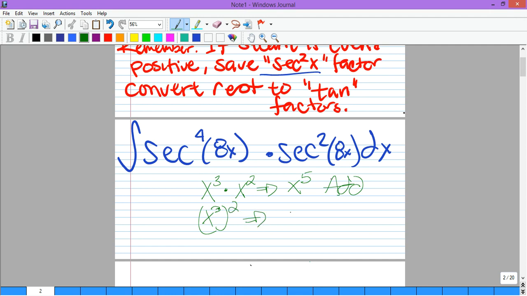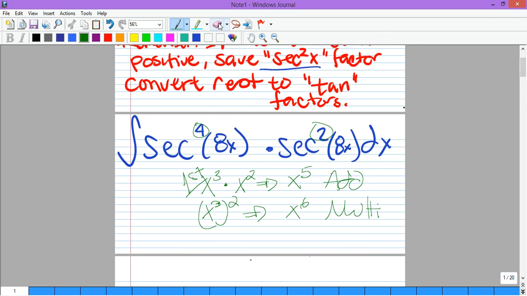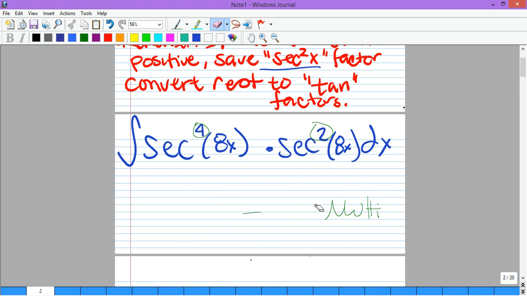What happens in that case is multiplication, so the 3 and the 2 would get you a 6. But as it applies to us, we have the first case where we're adding the 4 and the 2. It's going to give us the 6 right here, which is what we're looking for. We're just rewriting it, so we know that we've written it correctly.